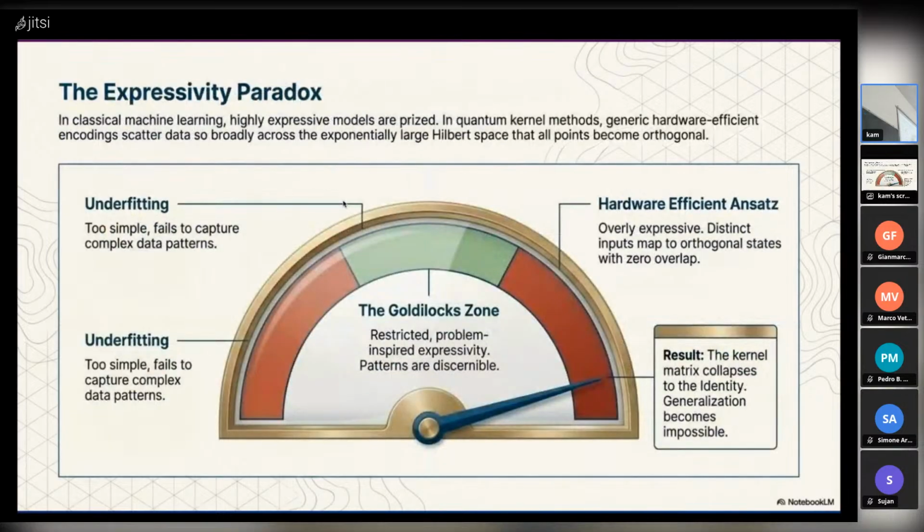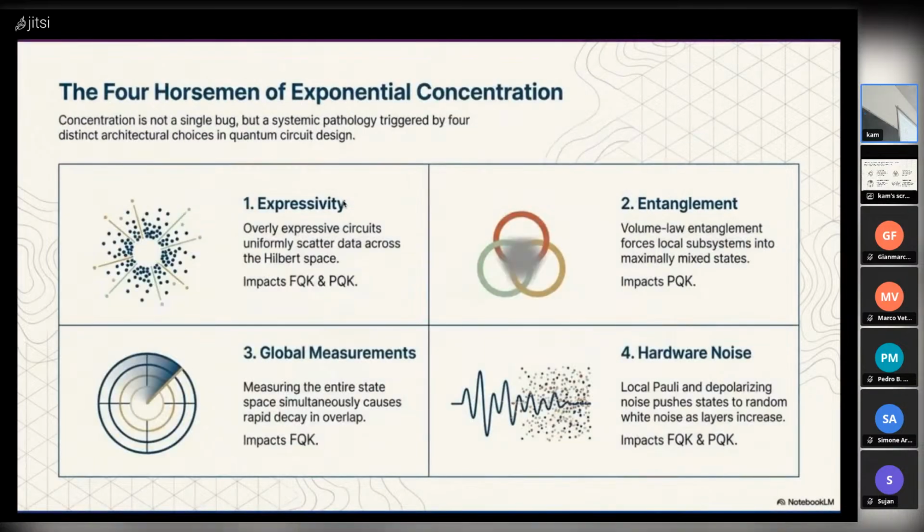Well, sorry, why should global measurements be a problem here as opposed to non-global ones? In principle, you expect that if you measure more of the states, you distinguish different states more easily, right? I will also explain it immediately. So you have your classical data, you map it into the high dimensional Hilbert space, right? But you need to do this mapping very precisely.